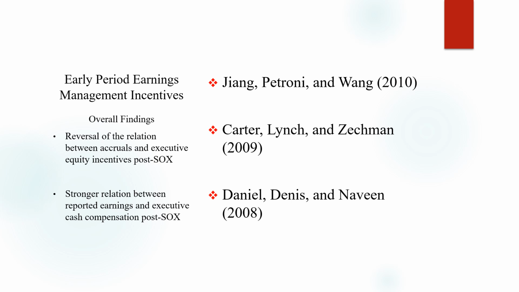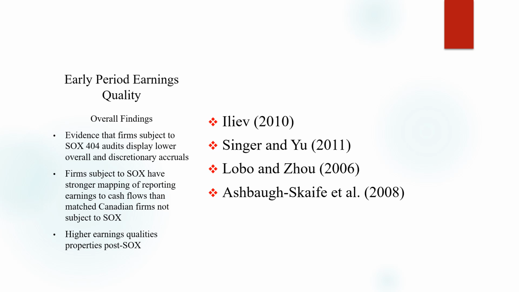And then the Daniel, Dennis, and Naveen paper in 2008 looked at the management of earnings around dividend payouts and found that there was a decrease in that. So all of these papers together, once again, are saying that what you're seeing after Sarbanes-Oxley tends to be an increase in the trust of reported earnings, that the incentives to manage earnings are weakened after Sarbanes-Oxley, and what that should naturally lead to is an increase in the actual quality of reported earnings.